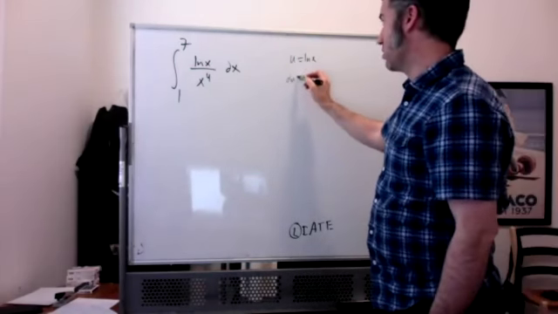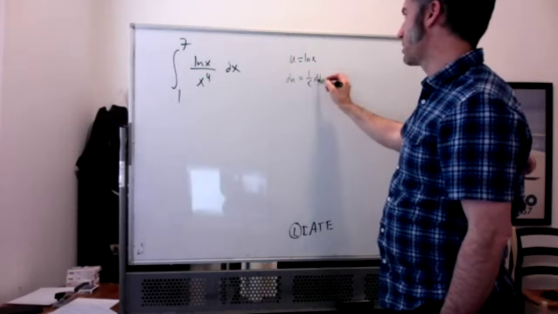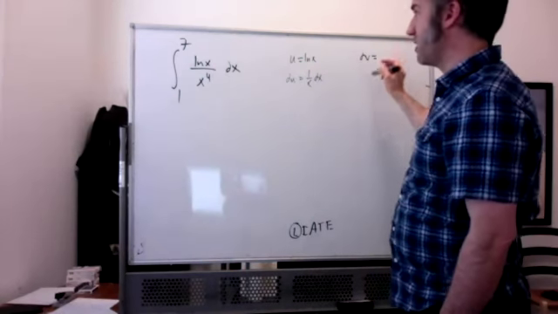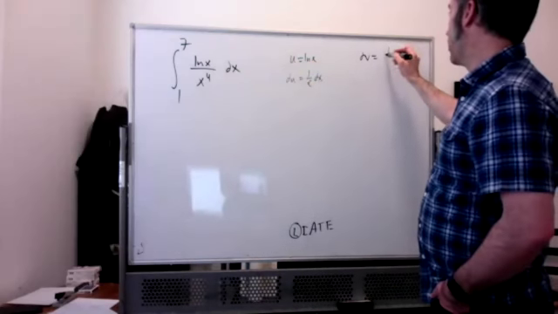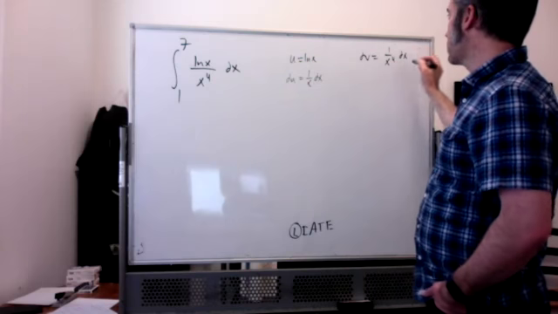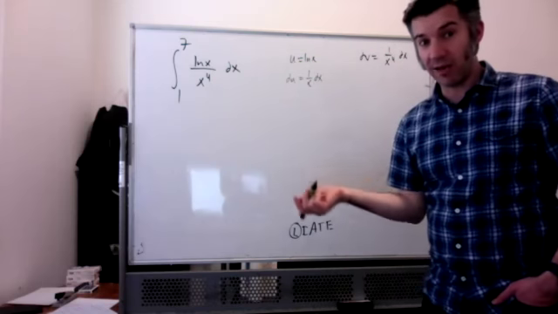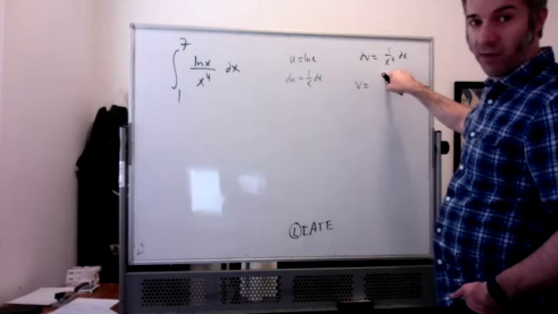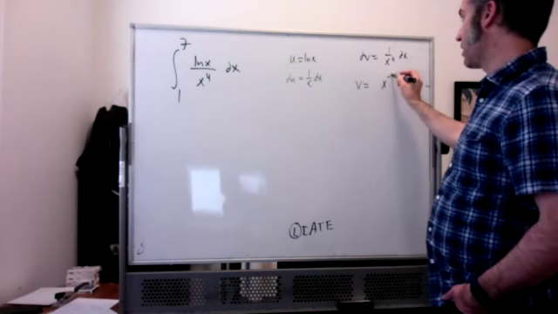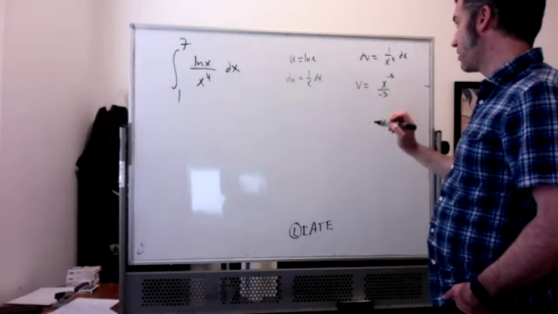So I would say du is 1 over x dx. My dv is everything else. So I've got natural log of x. dv is my 1 over x to the 4th dx, or if you prefer, x to the negative 4th dx. And the antiderivative of x to the negative 4th is x to the negative 3rd divided by negative 3.